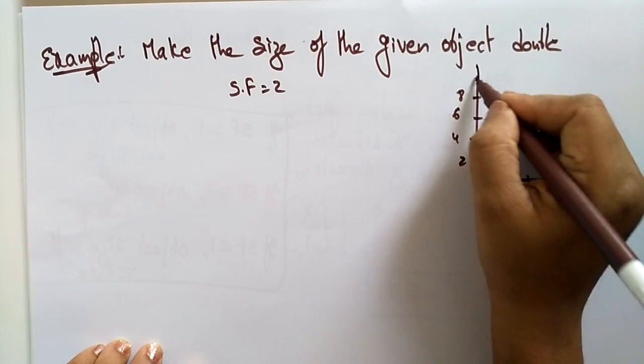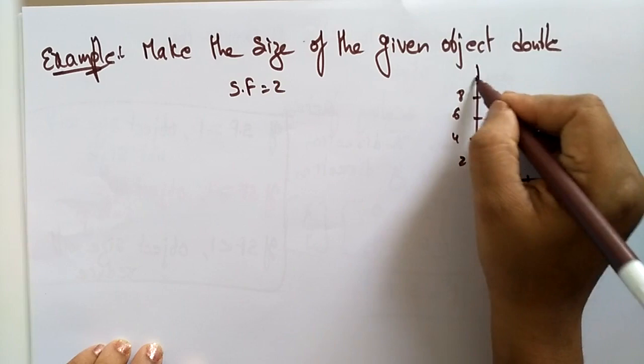Let me write the new points on the axis: A is 4, 4, B is 16, 4, C is 16, 8, and D is 4, 8.